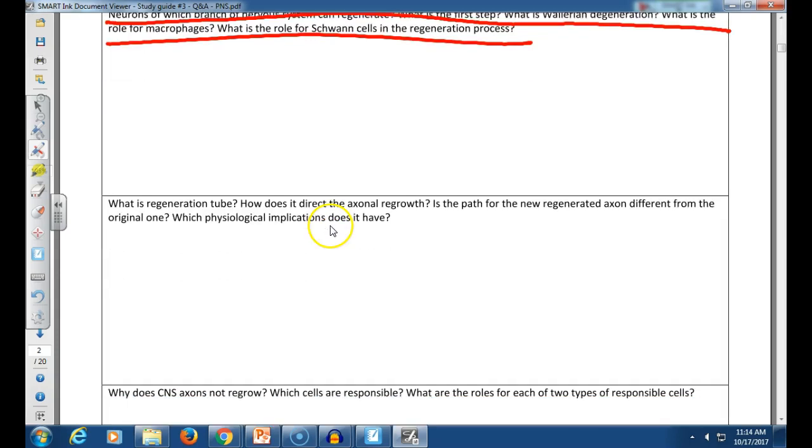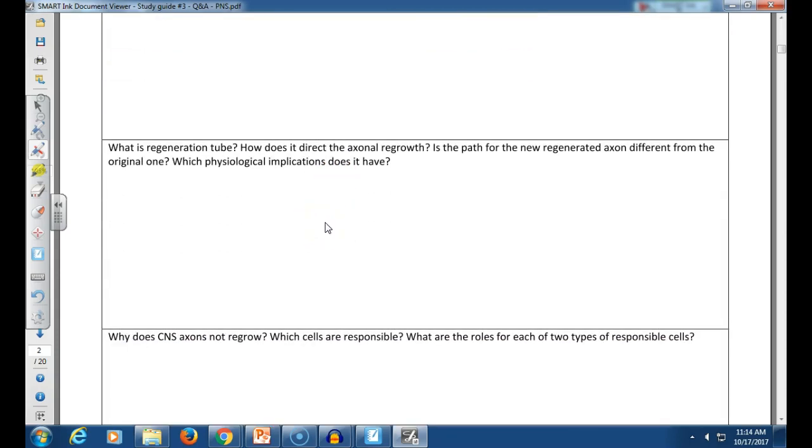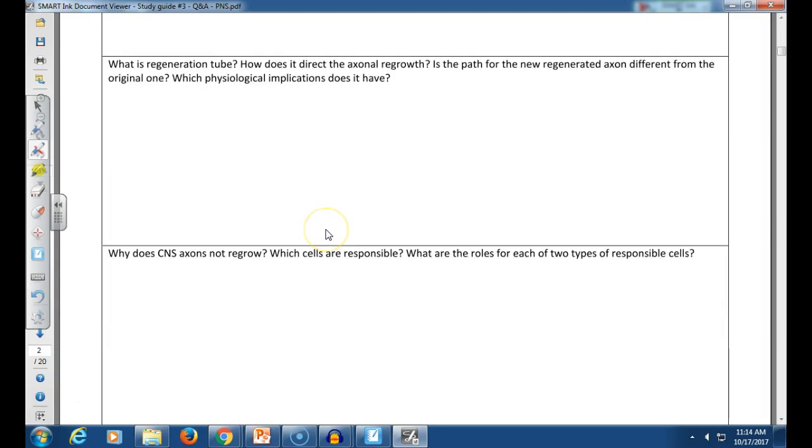Does that make sense? Understand that there's difference in the path of a newly formed axon versus the old one. That's why if we get our hand attached back, we have to relearn the skills.